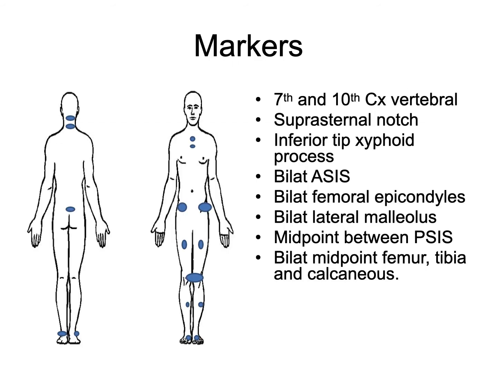There were markers placed in this study on the 7th and 10th thoracic vertebrae, or I presume they mean the 3rd thoracic vertebrae, the suprasternal notch, the inferior tip of the xiphoid process, the bilateral anterior superior iliac spines, the bilateral femoral epicondyles, bilateral lateral malleolus, and midpoint between the posterior superior iliac spines, and bilateral midpoint, femur, tibia, and calcaneus. A motion analysis and a force platform were used for analysis as well.